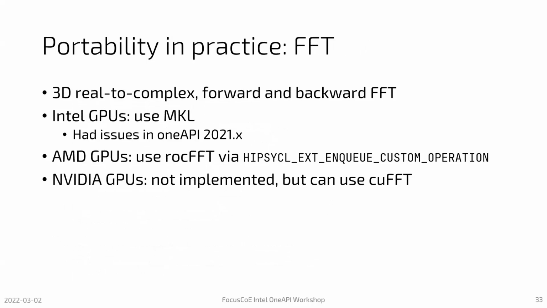For Intel GPUs, we obviously had to use oneMKL. It's great, it's nice, and it natively integrates with oneAPI. For AMD GPUs, we were using rocFFT via an extension of hipSYCL that allows pretty nice interaction between native API and SYCL API. And the same can be done for cuFFT and NVIDIA, but we haven't done that.